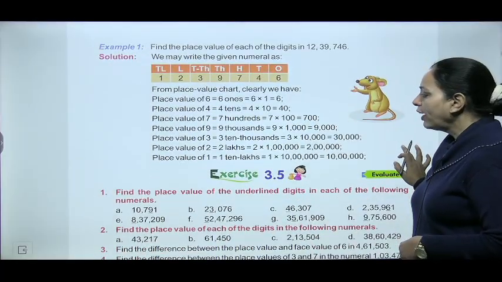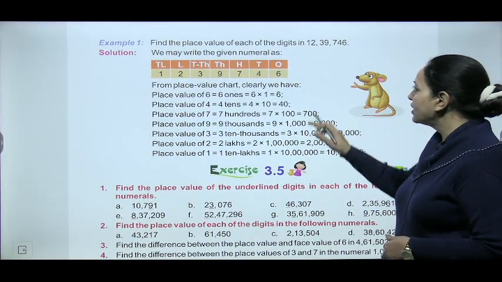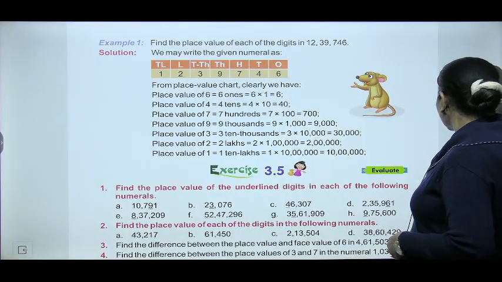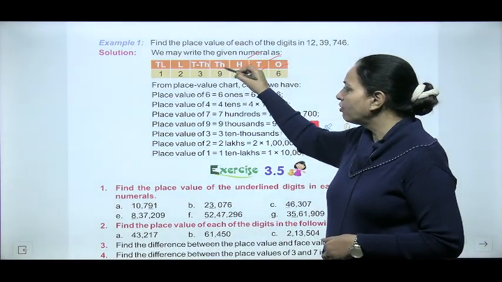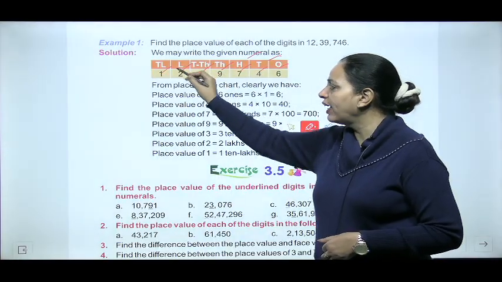Example 1. Find the place value of each of the digits in this number. So first write according to the system: ones, tens, hundreds, thousands, ten thousands, lakh, ten lakh.